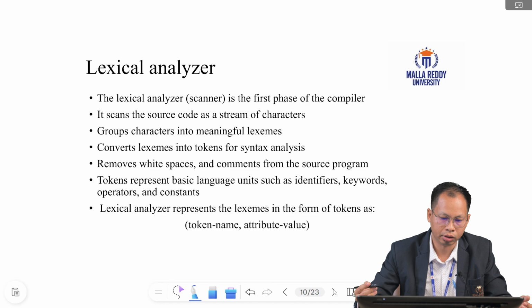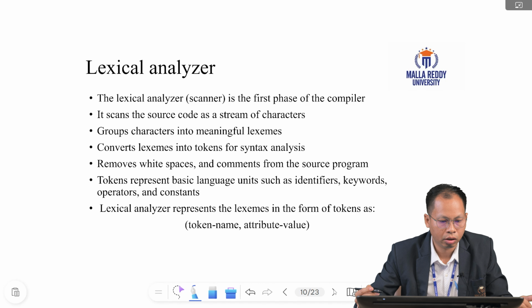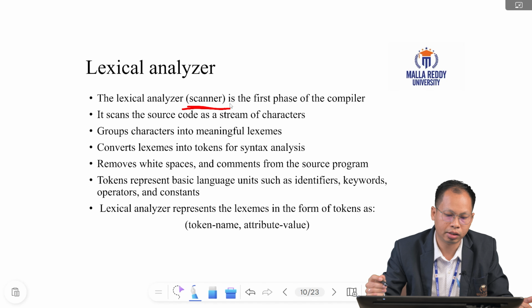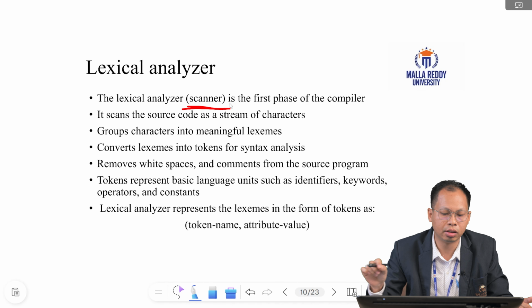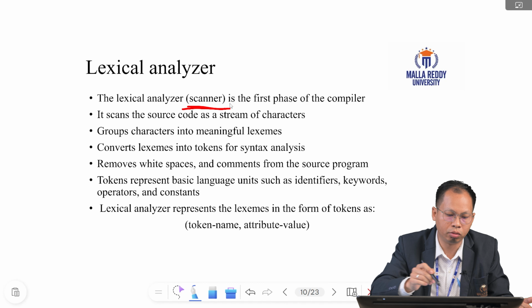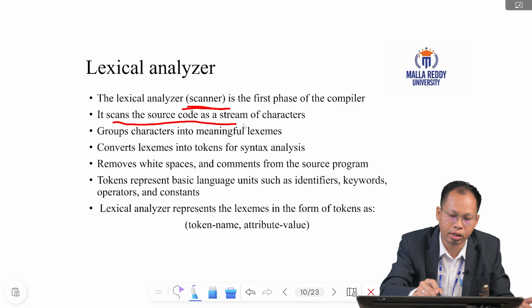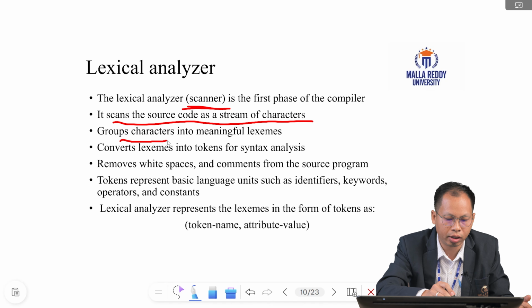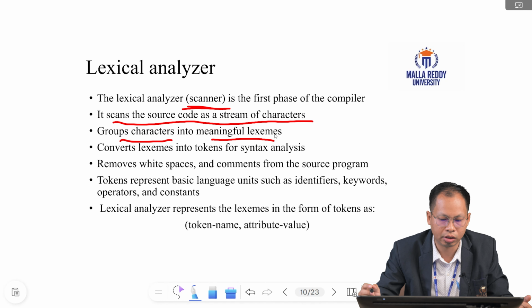If we discuss in detail, the first phase of the compiler is lexical analysis, or the lexical analyzer. It is also called the scanner or scanning, as it scans the stream of characters. It will scan the source code as a stream of characters, then group those characters into meaningful lexemes.